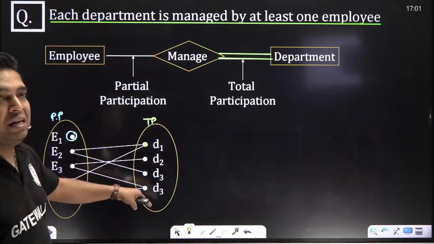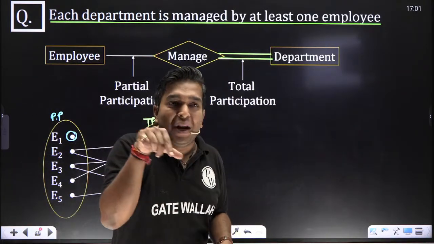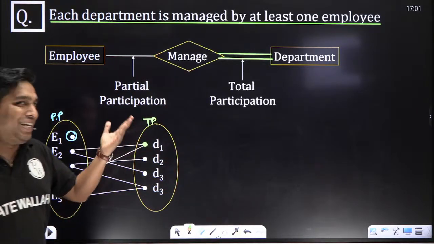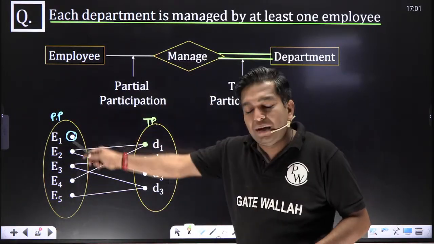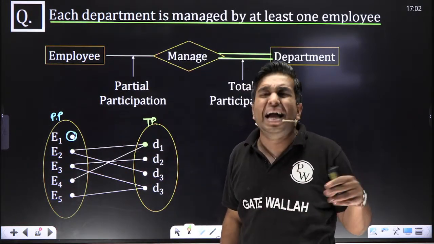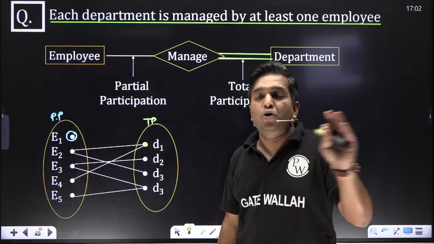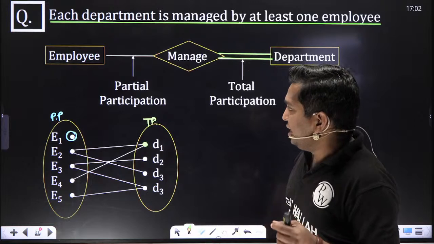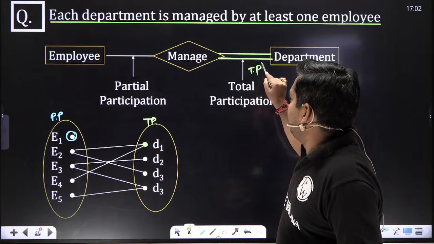So you can see at the department side, every entity participates, like every student replying in the chat box. At the department side, you can assume it in a non-technical manner, so here there is a total participation. And here there is a partial participation, because any entity in this entity set employee does not participate in the relationship. That is the meaning of partial participation. Clear? And total participation is denoted by a double line.